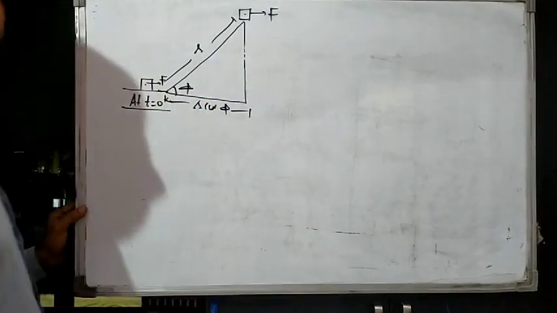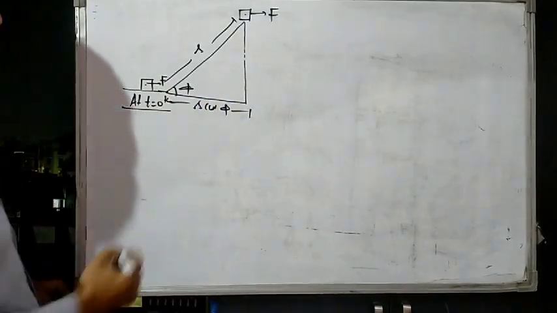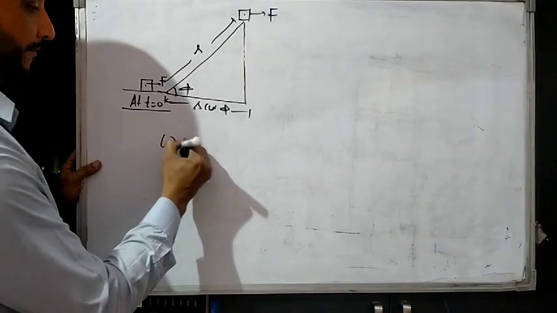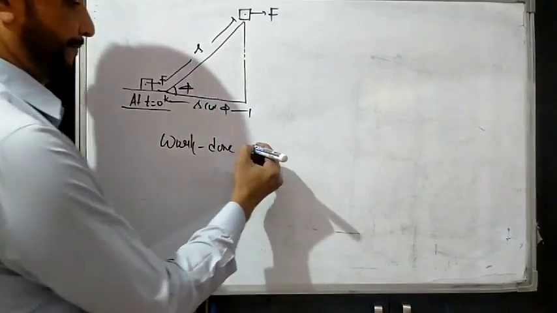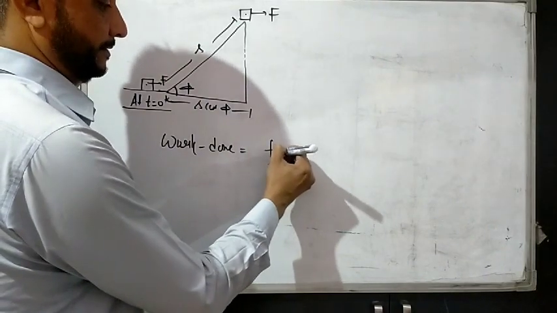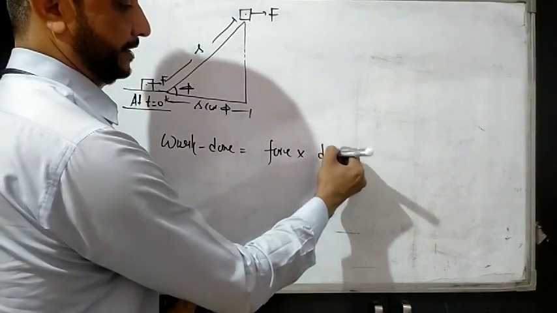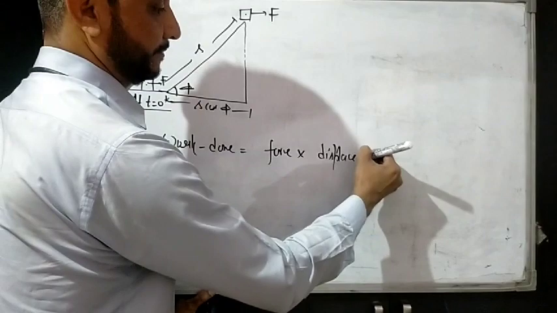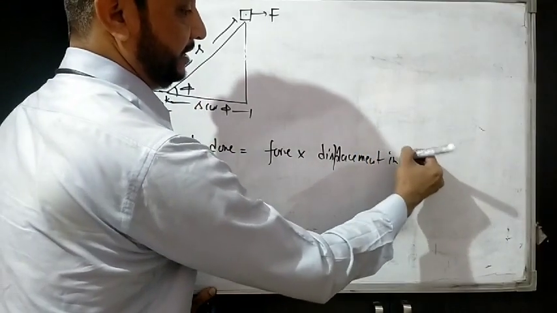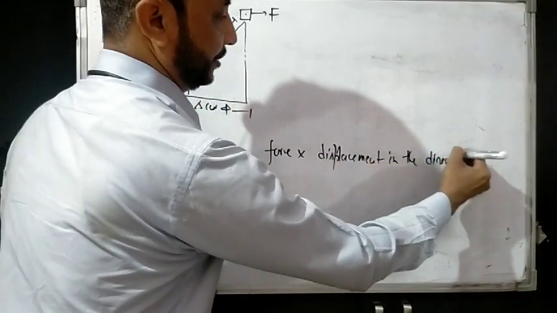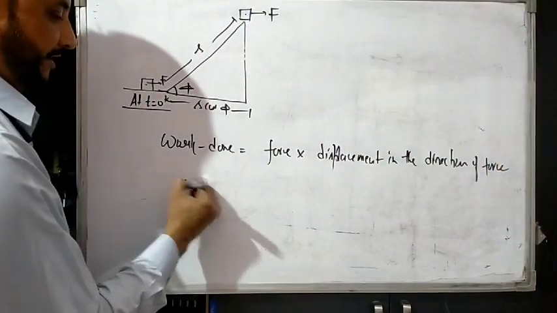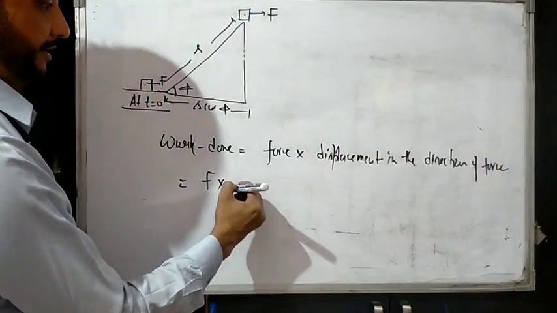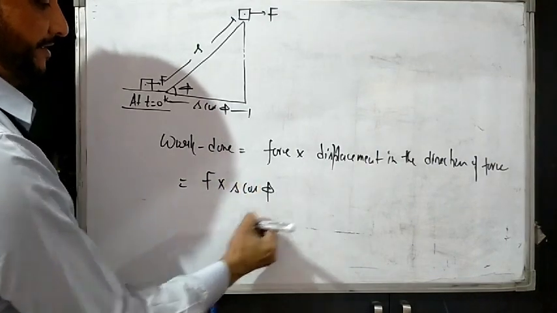Now my dear children, again we can write a formula for work done. Work done is equal to force into displacement in the direction of force. This is F into S cos phi.